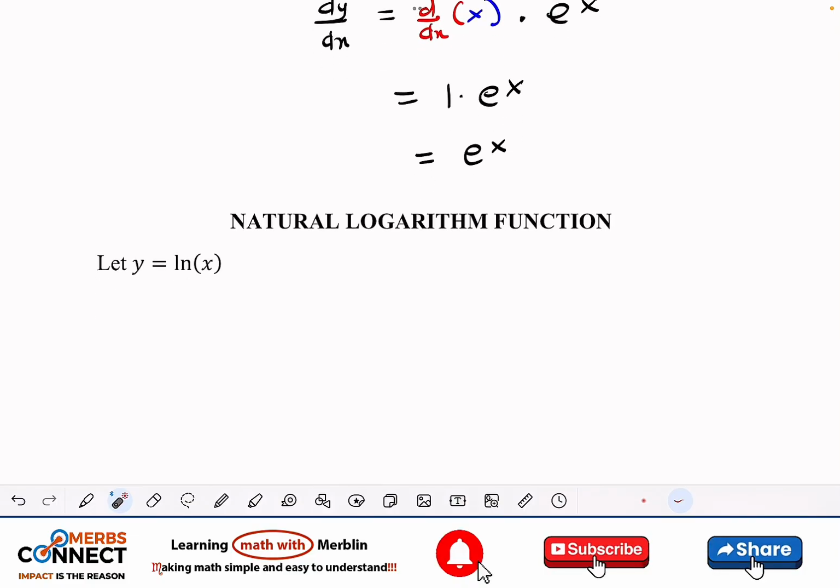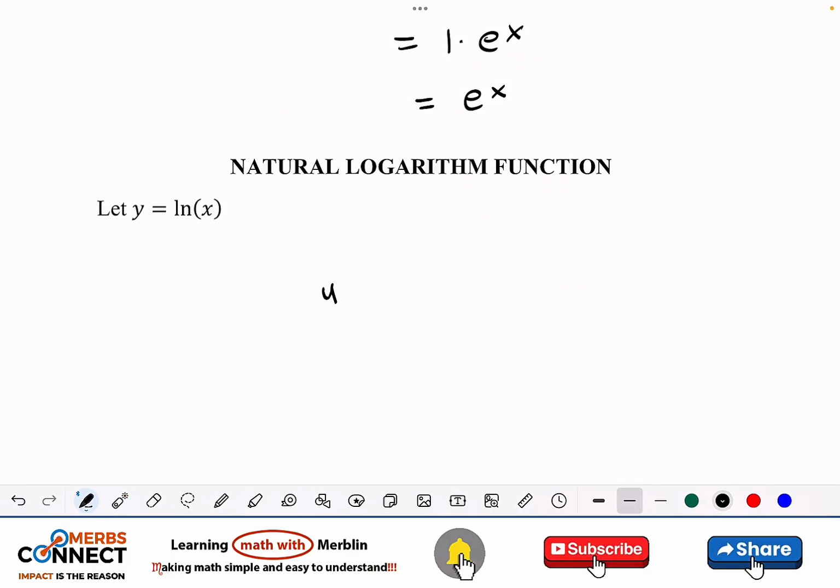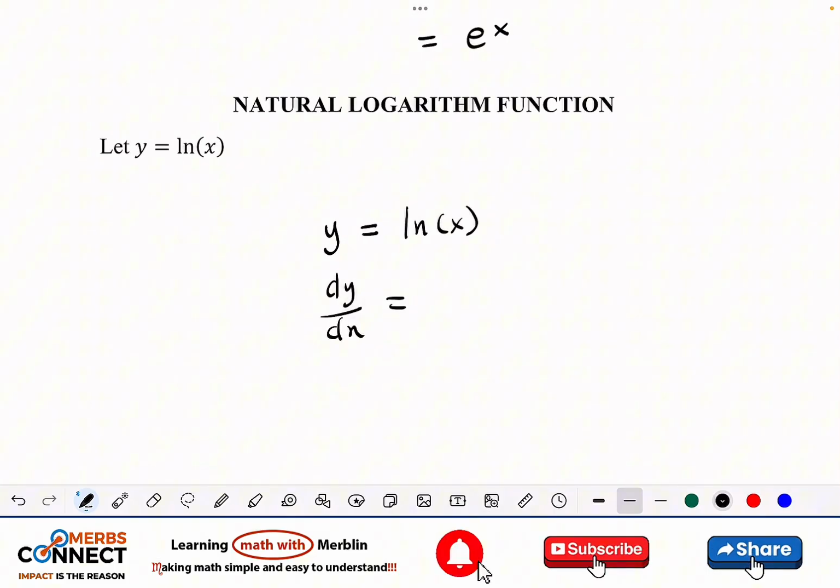Let's talk about the natural logarithm function, ln, right? The ln function also has a way of differentiating. So let's talk about that one and look at what we can do. If I have this, the question is, what is dy over dx? This is how the ln function goes: 1 divided by what is inside the bracket.